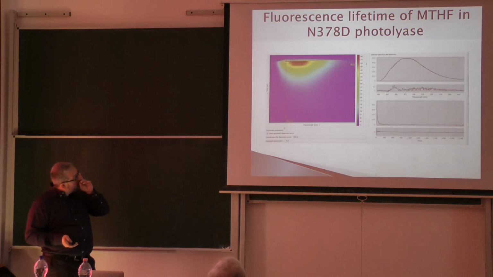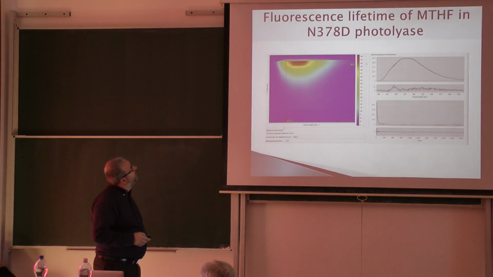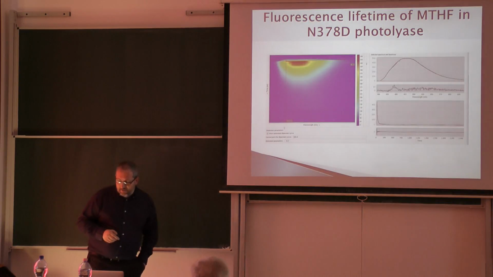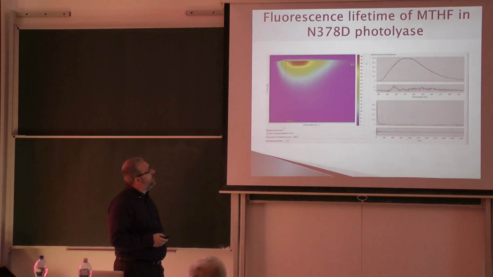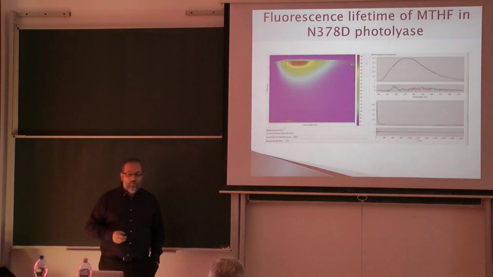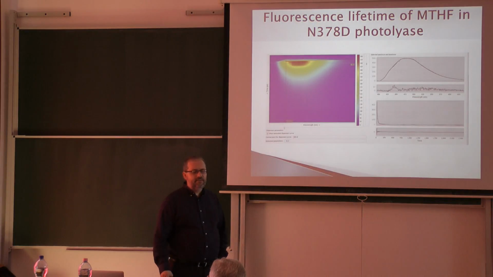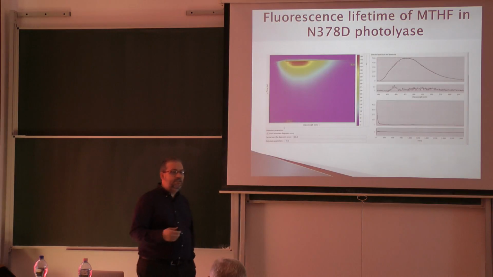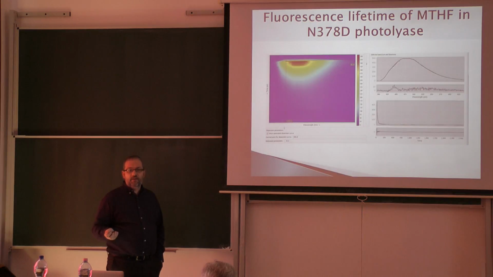Okay, so we measured the fluorescence of the so-called MTHF in the photolyase. This is a photolyase mutant, and I haven't mentioned that in the photolyase we have an antenna which can absorb the blue light. Most of you have probably learned about fluorescence lifetime and fluorescence energy transfer already, and this is a method we use in order to investigate protein dynamics or things in the cell.